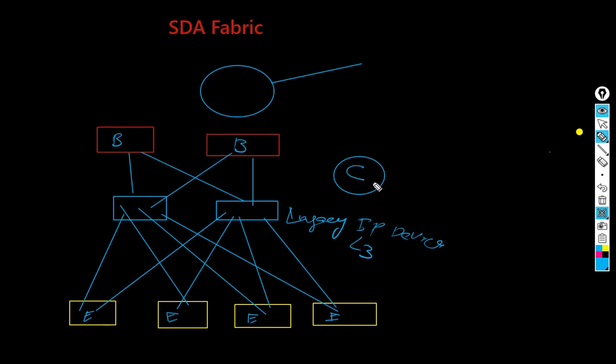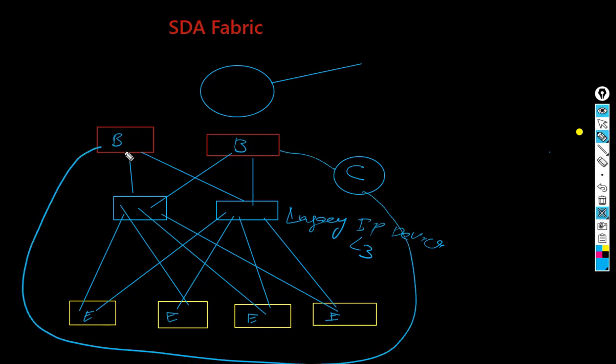Borders essentially act as a border of the fabric connecting to the rest of the IP network, and the control plane nodes, based on the LISP register servers, keep all the records of the control plane in the fabric. So essentially this is the high-level overview that makes up the Cisco SD fabric.